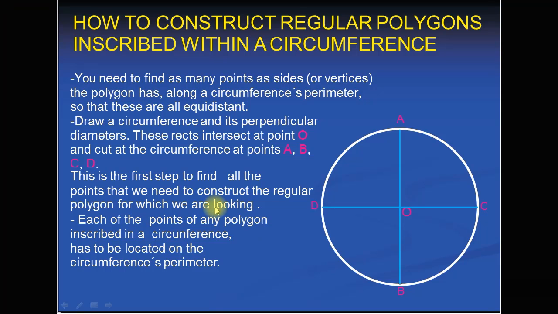Each of the points of any polygon inscribed in a circumference has to be located on the circumference.